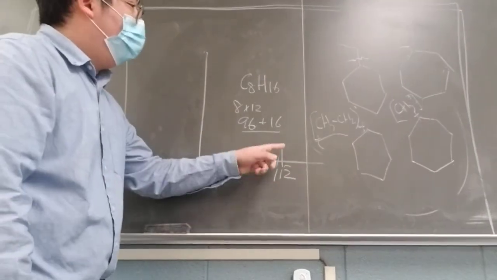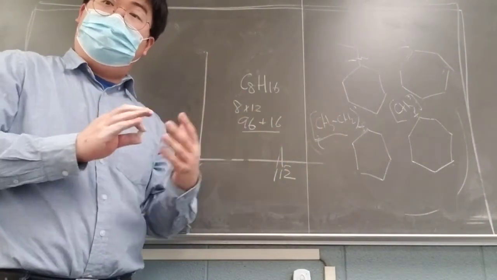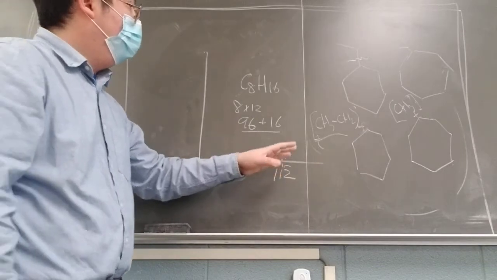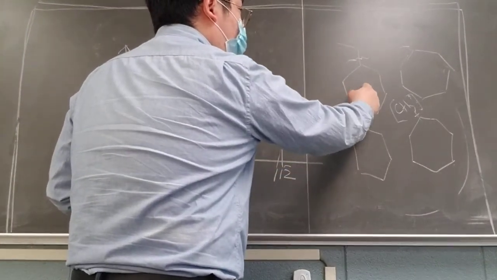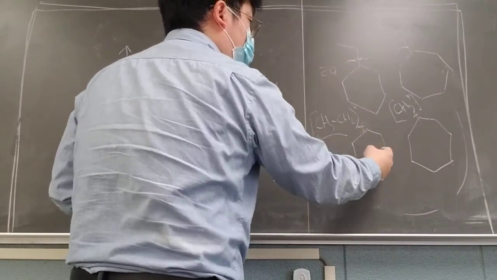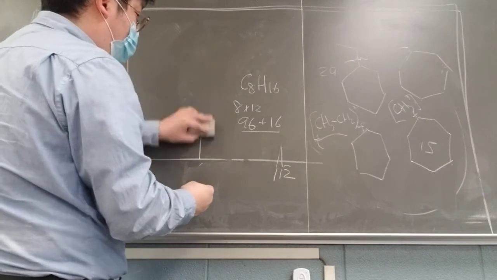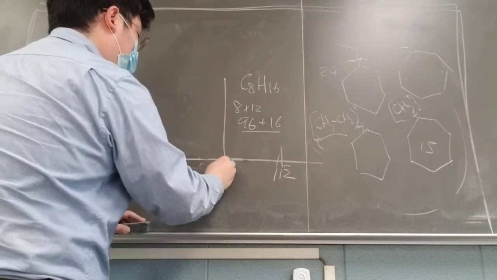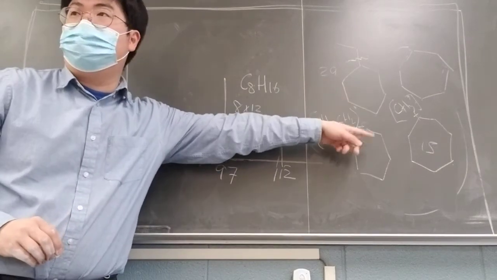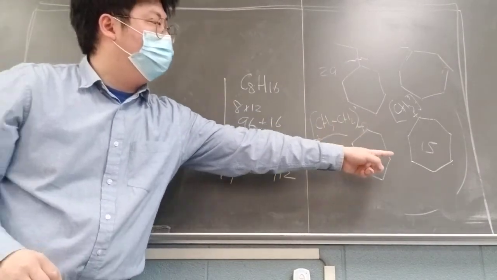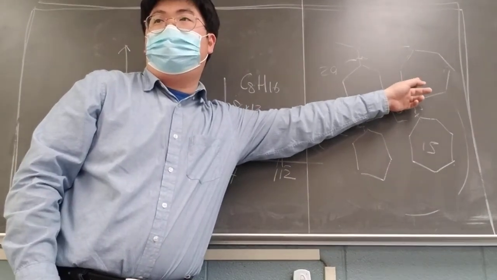Okay. So they will have the same parent peak, so we will not be able to distinguish these two by looking at that, but the base peak will do it, because this one will lose 29 and this one will lose 15. So if I give you a base peak at like 97, which compound is it between these two? With this one, cycloheptane.